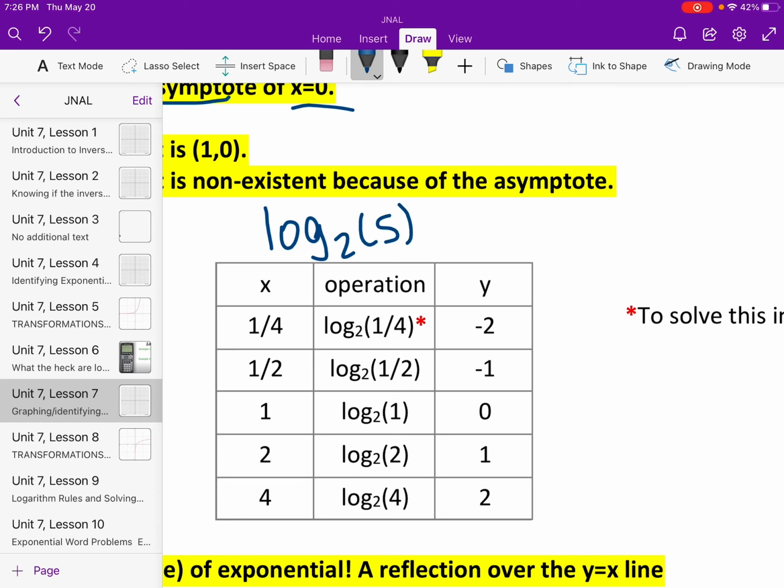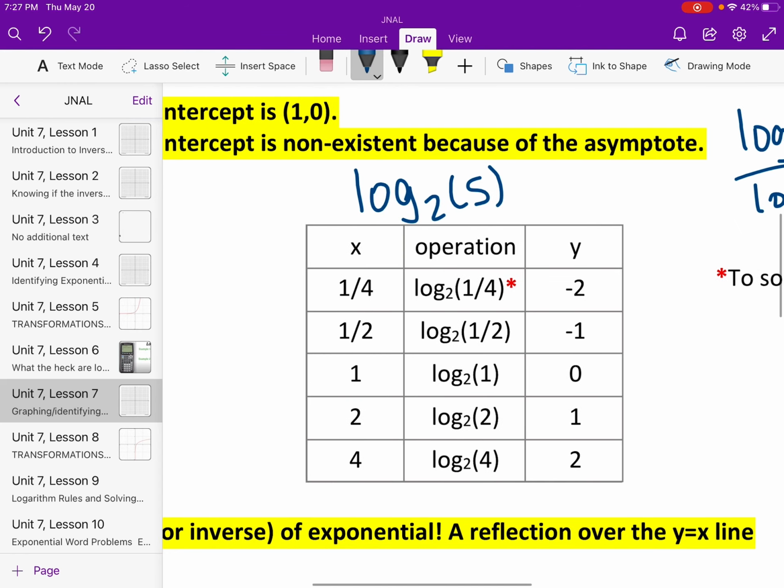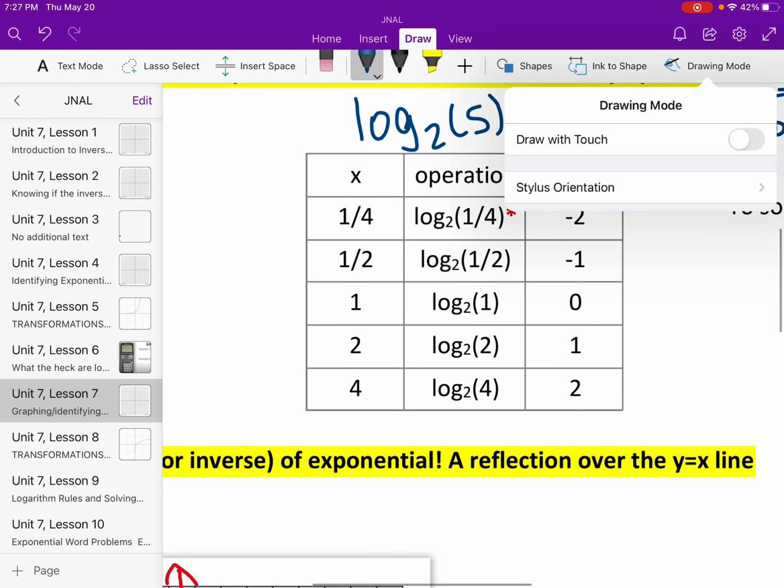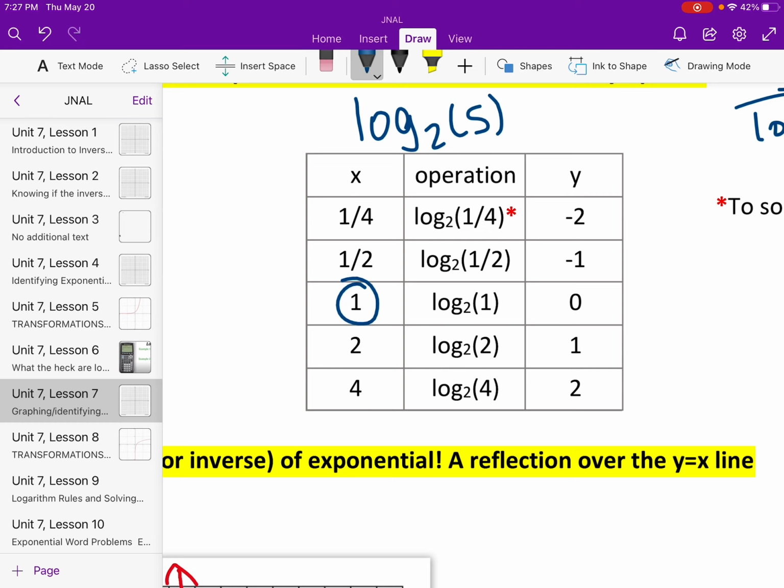But in the calculator, you have to type it in as this, because the calculators cannot understand that. So that's what you have to do. That's the difference. So keep that in mind. And these are the basic values we get. As we can see, we do have our x-intercept of (1, 0).